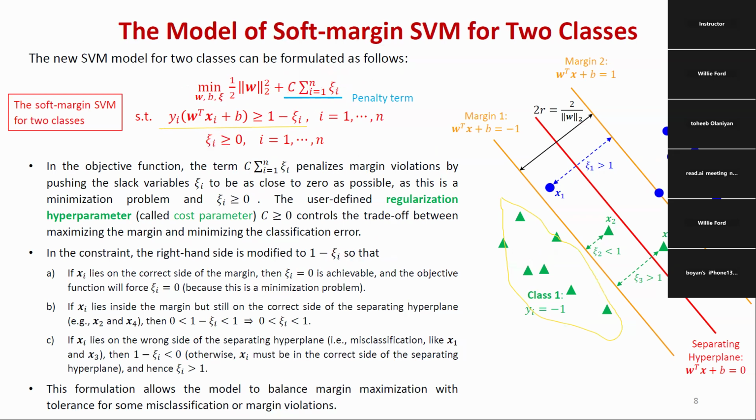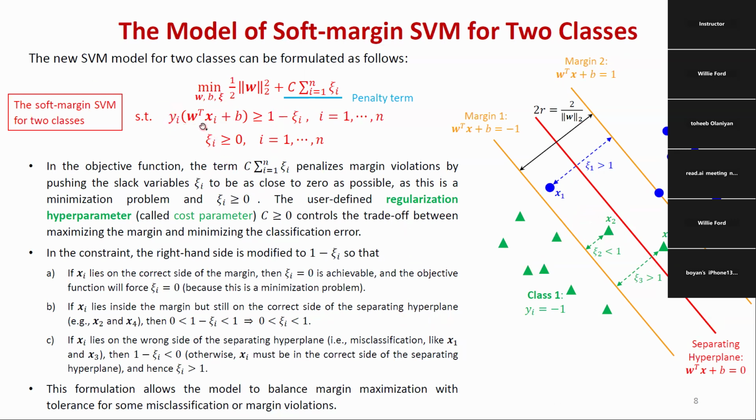Now let's have a look. What if x_i lies inside the margin, but is still on the correct side of the separating hyperplane? For example, here it's like x2 and x4. Without loss of generality, let's have a look at x4 only, because in the setting of x4, y4 equals 1.